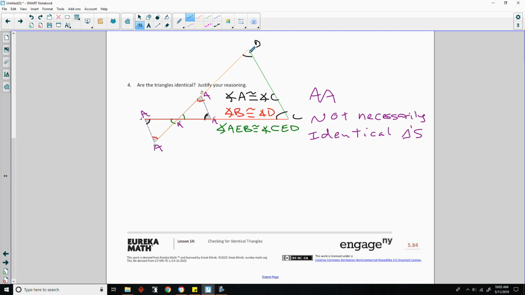This angle is congruent to this angle, this angle is congruent to this angle, and this angle is congruent to itself, but really these two triangles are definitely not congruent.